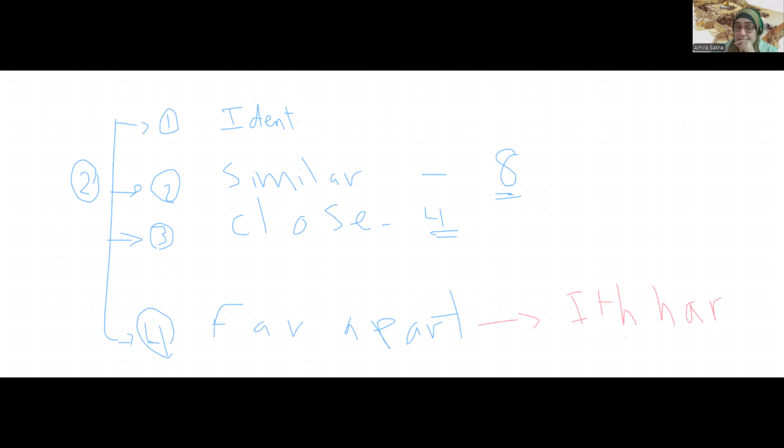Identical and similar and close, we are going to explain in detail. Identical, or متماثلين, if they are the same letter following each other: ba, ba, ta, ta, lam, lam. Two letters, same.